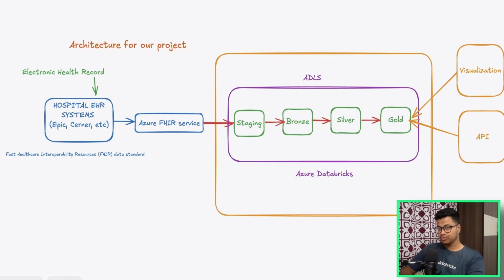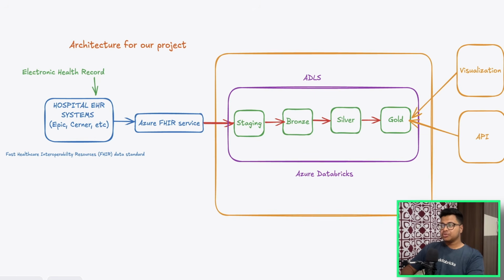I'll be showing you in the code, but everything that you see here, all the transformation, all the things that we do in ETL, we'll be doing in Azure Databricks. We'll schedule everything in Azure Databricks, so you don't have to move out of Azure Databricks to anything else. We'll also see how you visualize the data. So visualization happens on the gold layer, and you can also have API access from gold data.